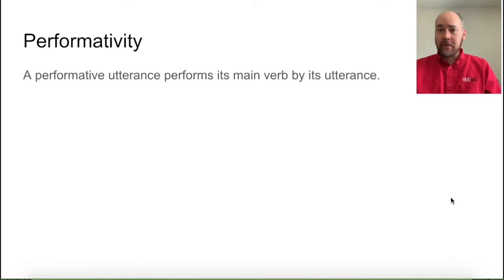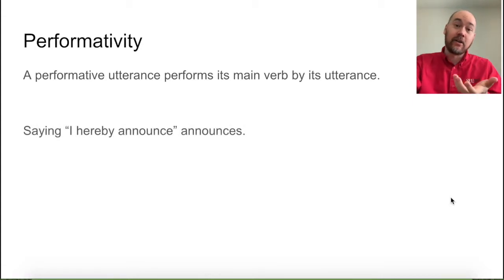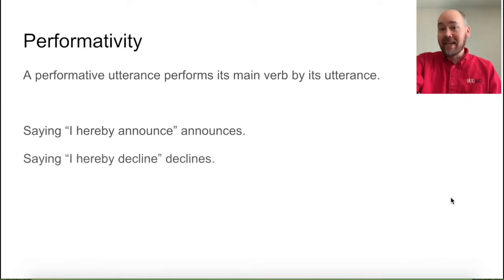So, performative utterances perform themselves by their utterance. That's a little confusing, but for example, when you say I hereby announce, you have announced, you have accomplished the action that verb describes by just saying it, right? I hereby decline, declines, right?